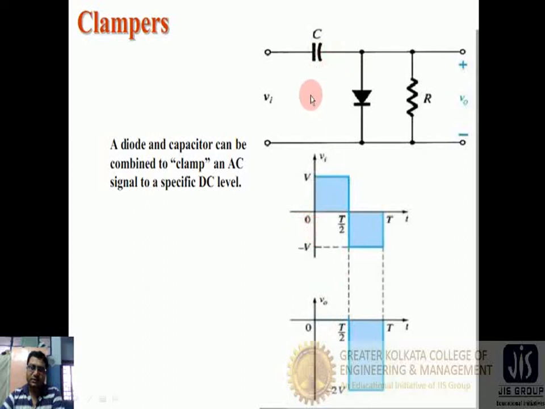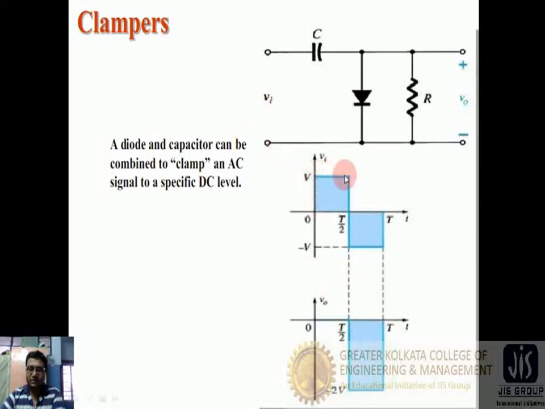And when it is in reverse bias, the combination of this potential and the potential across the capacitance, which was stored previously, provides twice the voltage at the output.